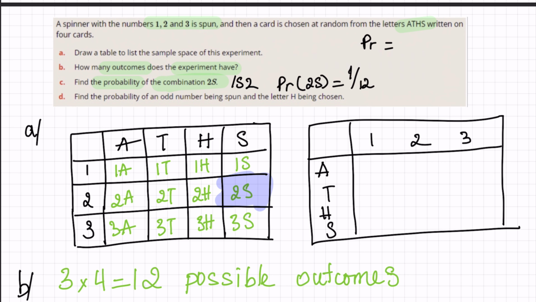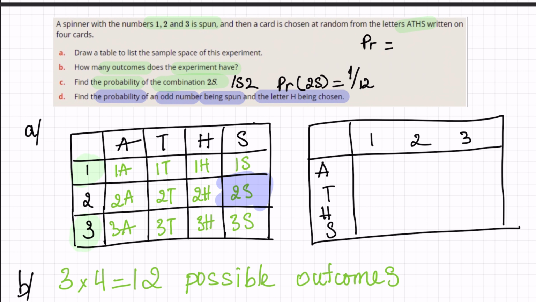The next one: find the probability of an odd number being spun and the letter H being chosen. Here we have two options, number 1 and number 3. So we're having a look at number 1 and number 3 here.